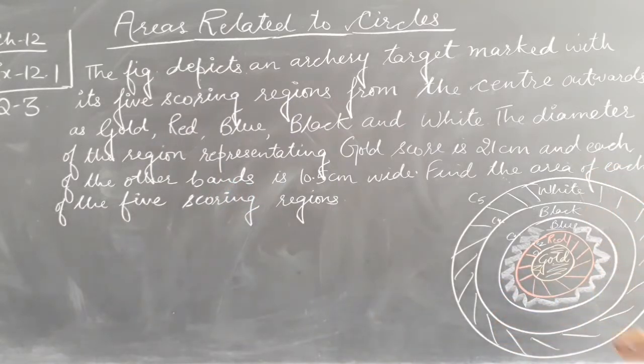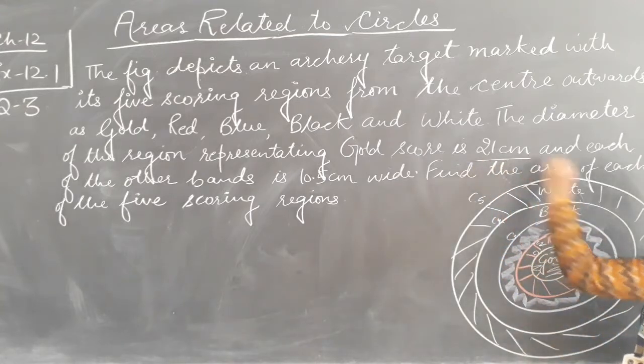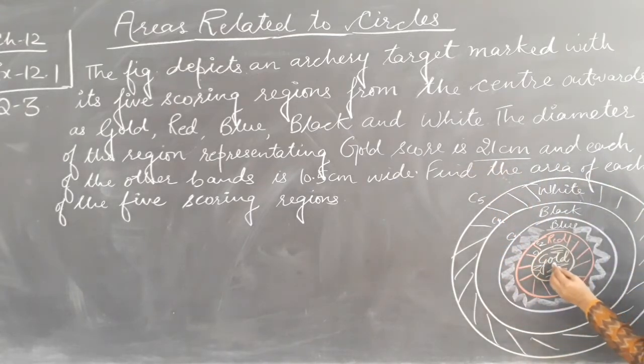Okay. Now see, diameter of the region representing gold score is 21 centimeter. The smallest circle we can say, or C1, that circle which represents gold score, its diameter is given 21 centimeter. So if its diameter is given, then its radius will be half of diameter, that means 21 upon 2 centimeter.